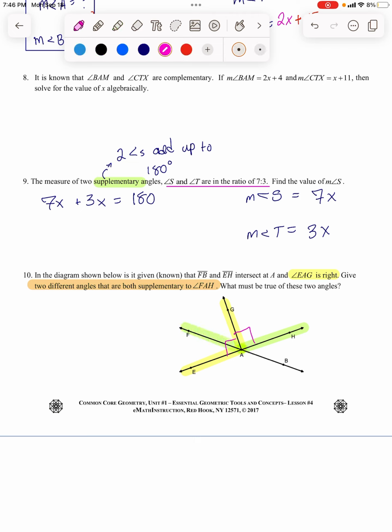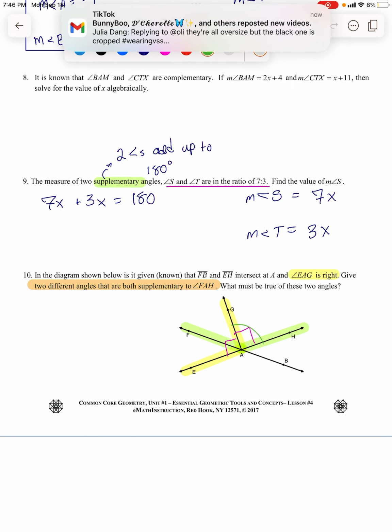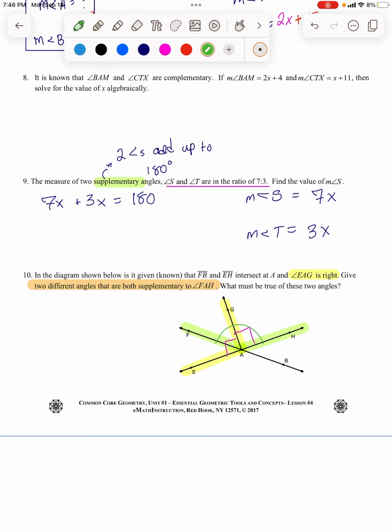So looking at that angle, what's supplementary to that angle? And what must be true of those 2 angles? Think about what you're looking for when you look for supplementary angles, okay?